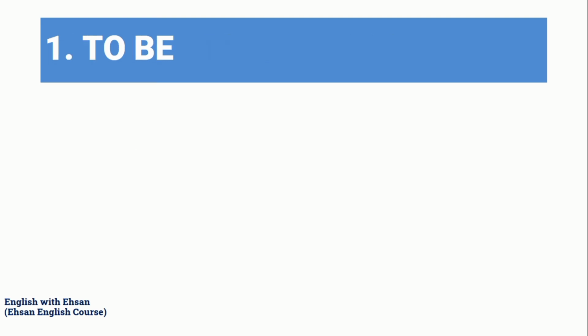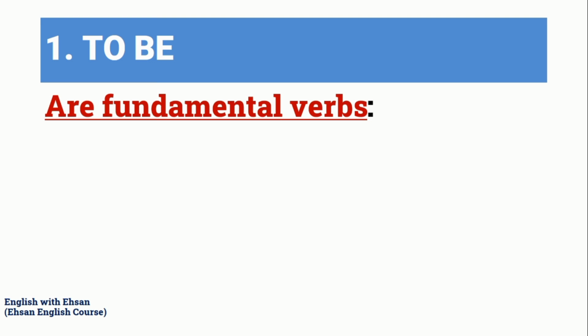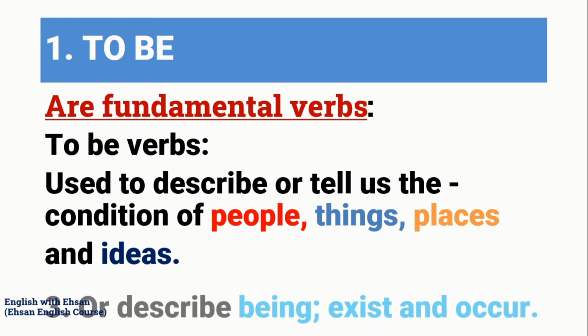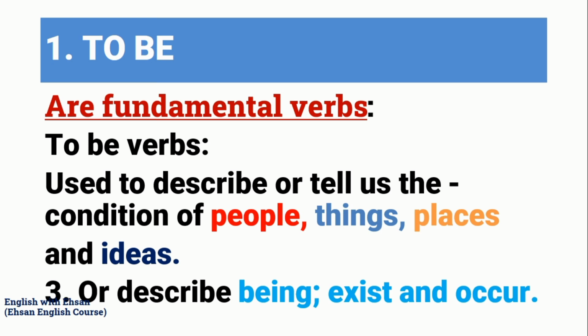To be, number one, are fundamental verbs or important verbs. To be verbs are used to describe or tell us about the condition of people, things, places, and ideas. This is the concept of the to be verbs.